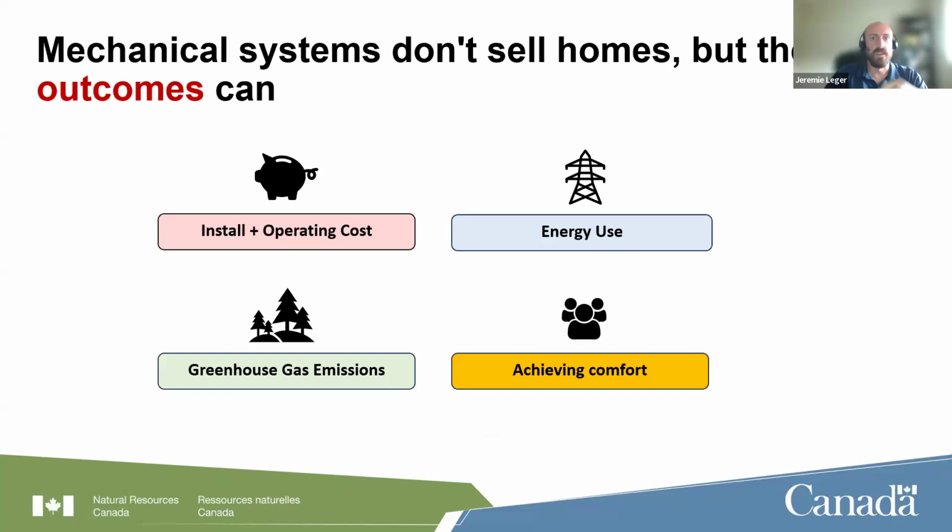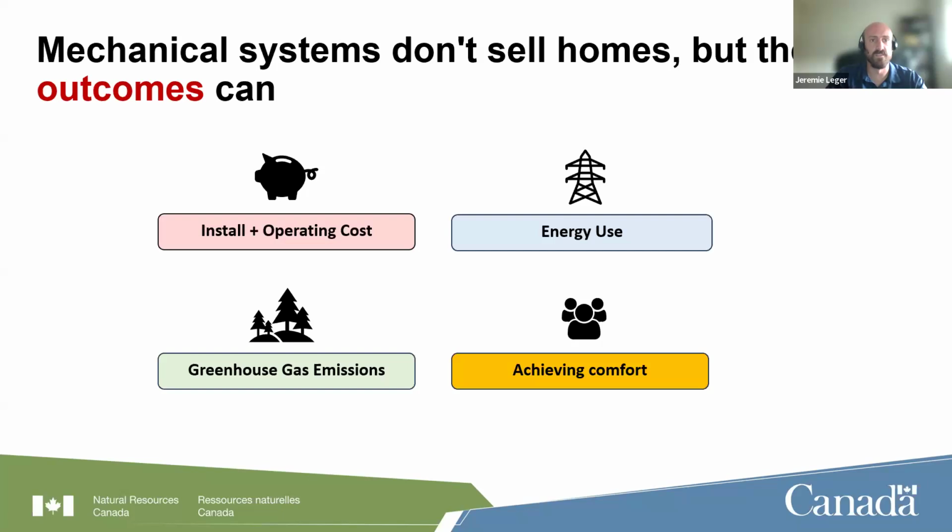We know that mechanical systems themselves don't sell homes. Nobody's buying a home because there's nice shiny new ductwork inside of it. Usually the kitchen's more the wow factor for homeowners, but the outcomes can really help sell the house. That may be the install cost, the operating cost of your mechanical system, which relates to energy use, and some homeowners are motivated to reduce their energy use and their greenhouse gas emissions, but ultimately also achieving comfort.